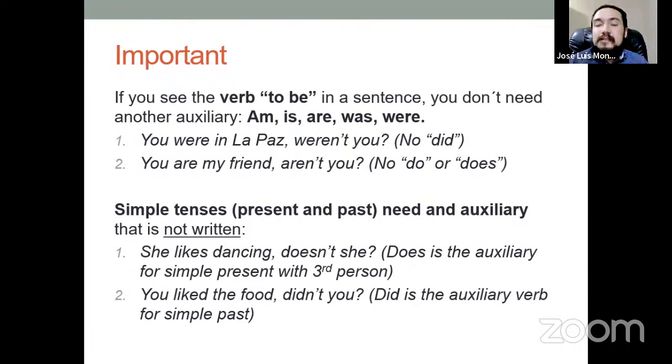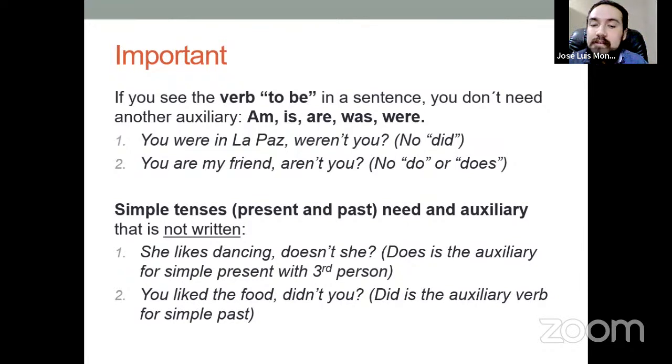Simple tenses, as I said, are the ones that need extra attention because if they are simple tenses and they are in affirmative, and we're talking about the simple present and the simple past, the auxiliaries are not in the sentence. We need to know and remember what the auxiliary is for each case.